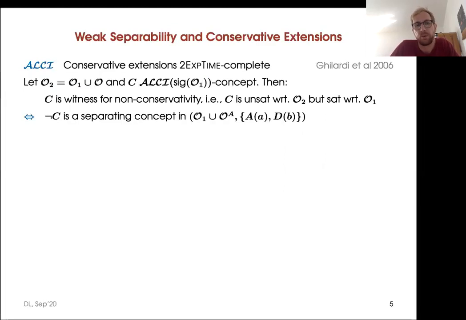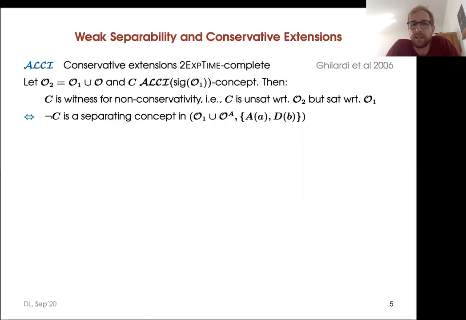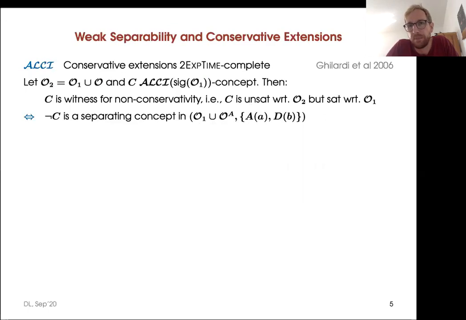Then this is equivalent to the negation of the concept being a separating concept in a slightly modified knowledge base. Namely, you take the first ontology and the added axioms you relativize to a fresh concept name A. Then this unsatisfiability can be detected because if you have an instance of A, then not C will be entailed because C is not satisfiable.